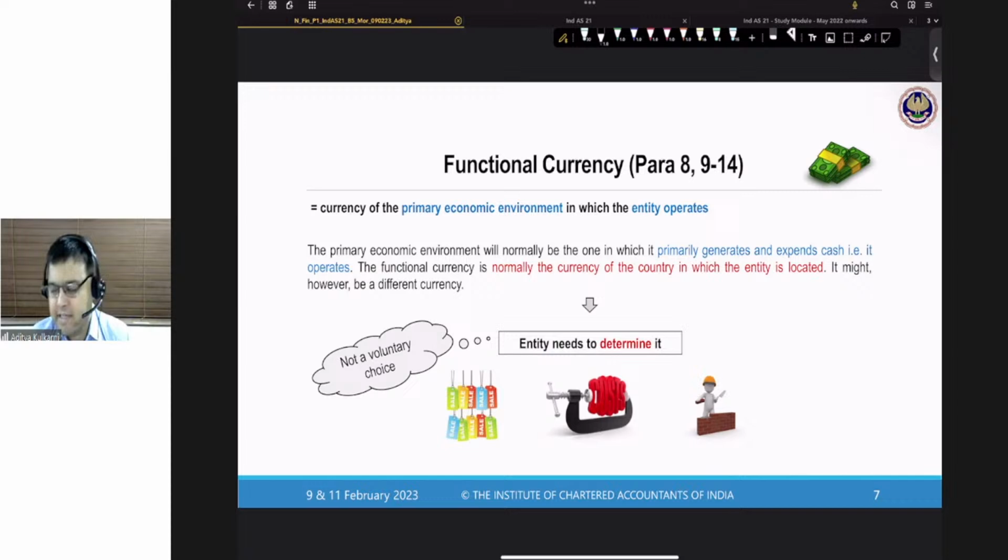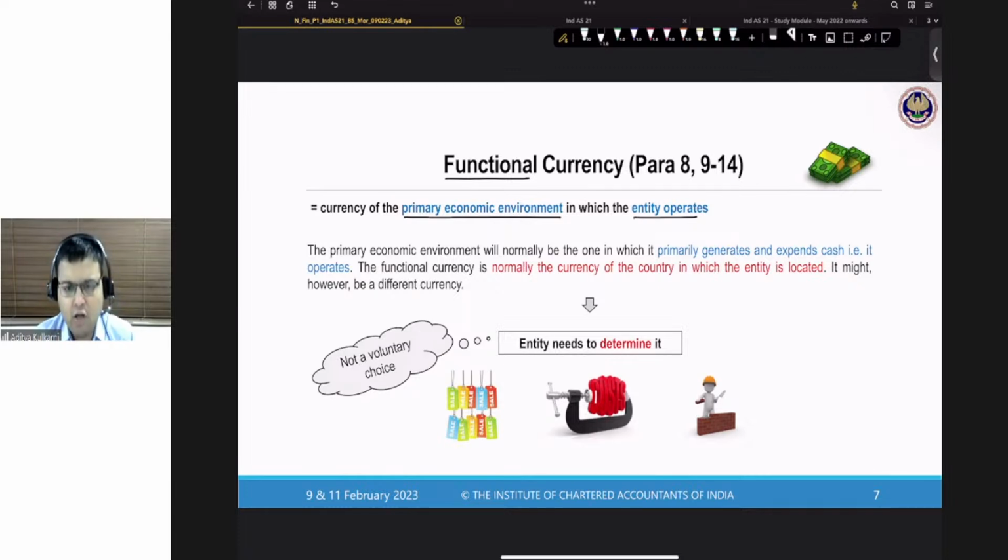Ind AS 21 tells you your functional currency is the currency of the primary economic environment in which the entity operates.